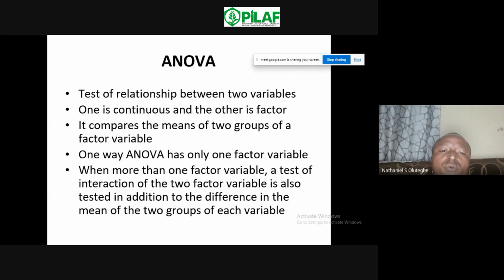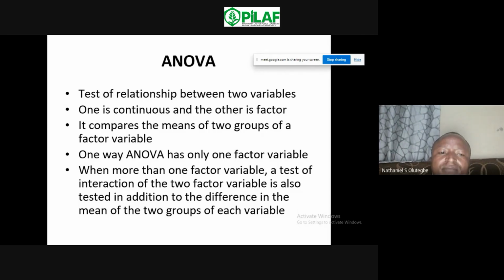And so you want to see whether that has anything to do with academic performance. Marital status is your factor variable, and academic performance is your continuous variable. When you are doing that, what you make use of is ANOVA.